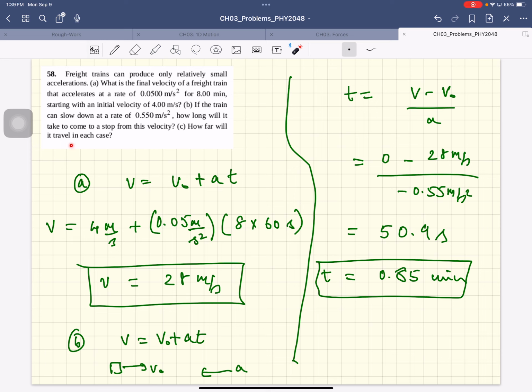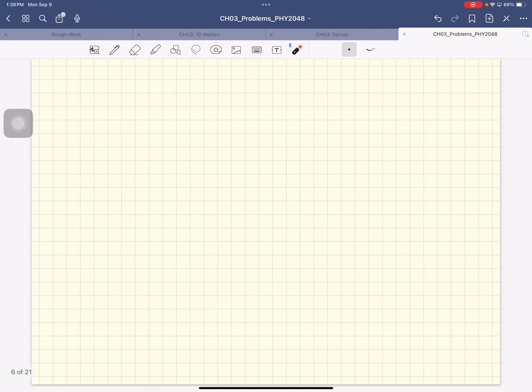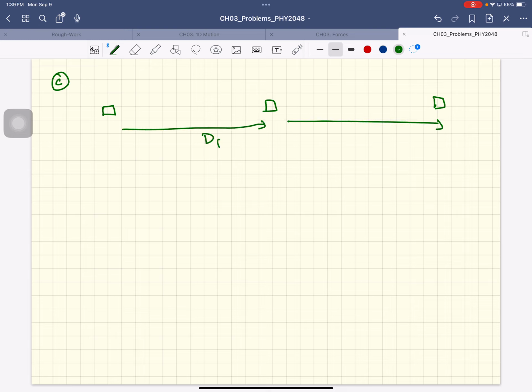How far will the train travel in each case? Okay, so part C. Okay, so we'll call this D1 and D2. So this is the distance traveled during acceleration, and that's the distance traveled during deceleration.